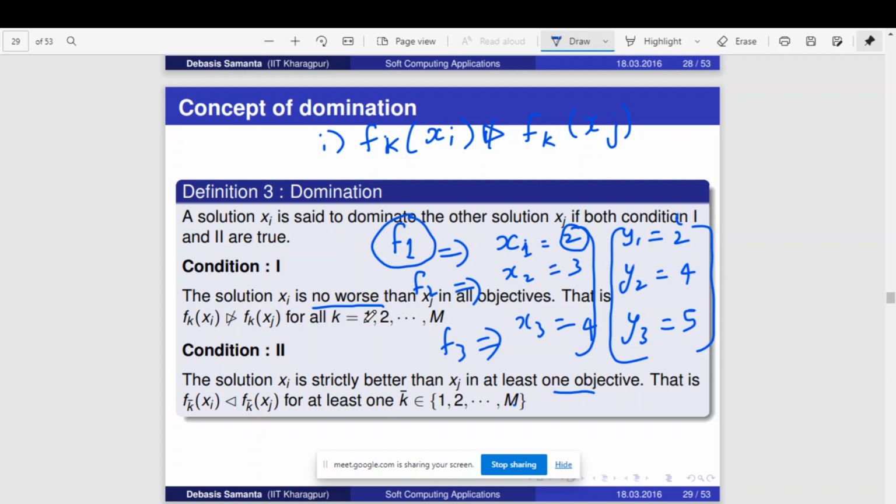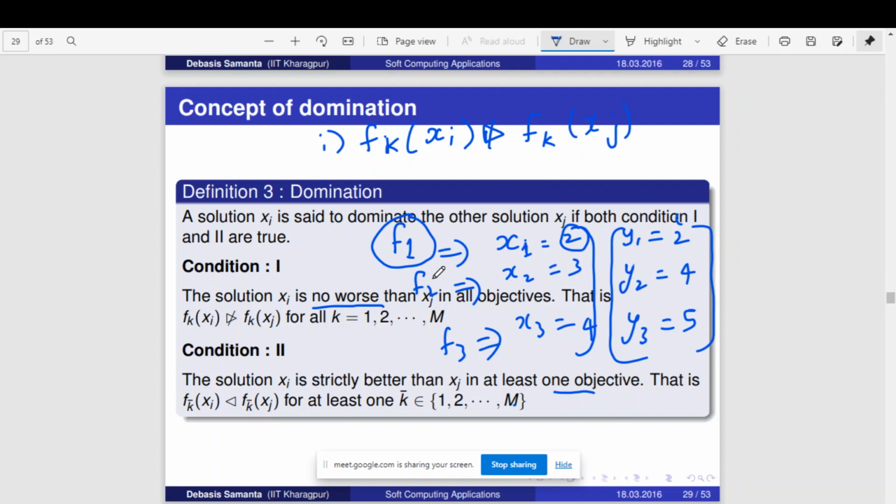Only that much I am telling. So what are the two possibilities? Exactly, that is the meaning. They can be either both equal or x1 can be better than xj.